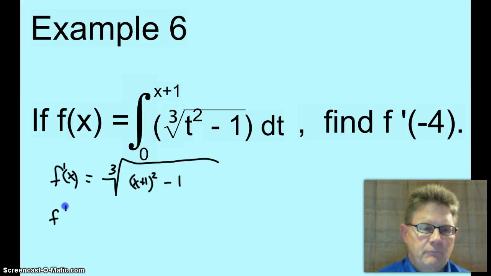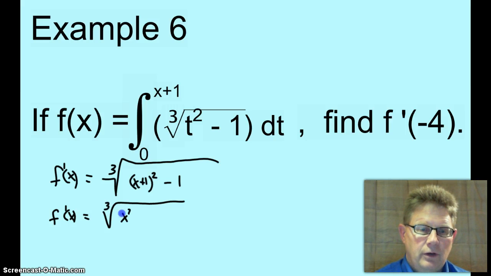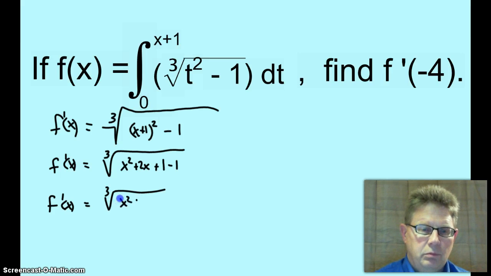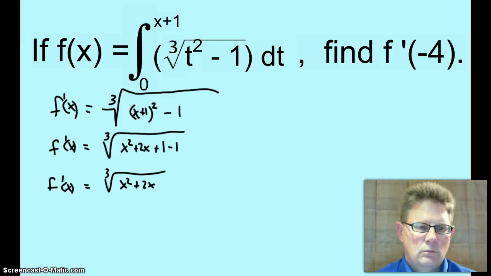So f prime of x equals the cube root of x squared plus 2x plus 1 minus 1. So f prime of x equals the cube root of x squared plus 2x.